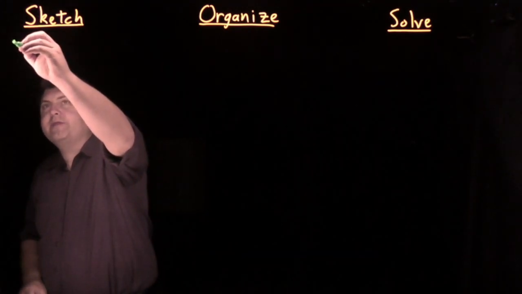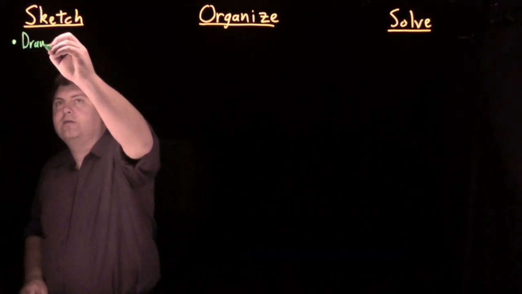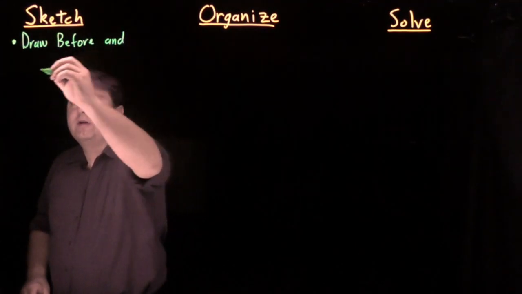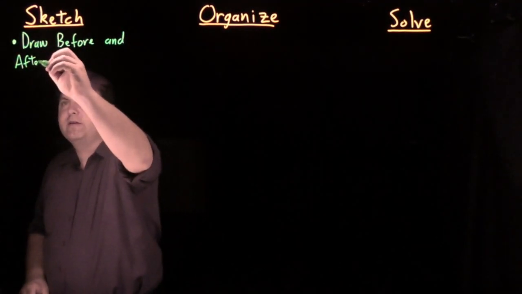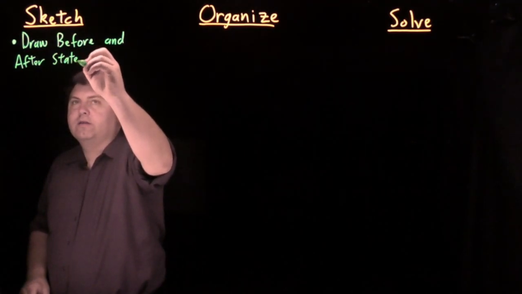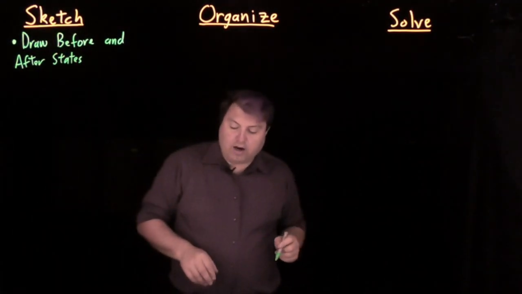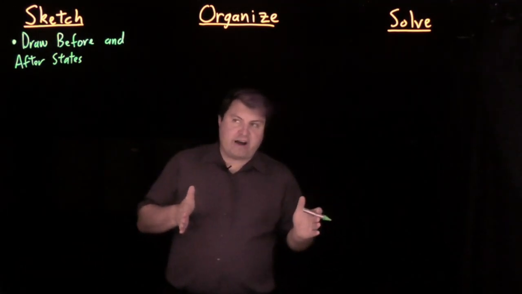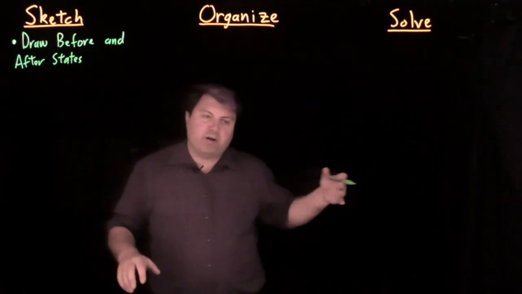So our first thing when we sketch is we want to draw the before and after states of the event. And we want to do just before and just after, not many seconds before or many seconds after.